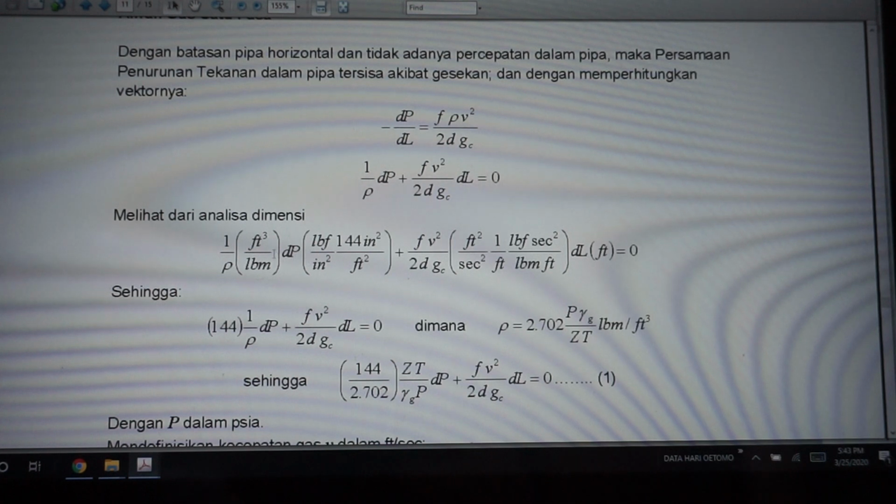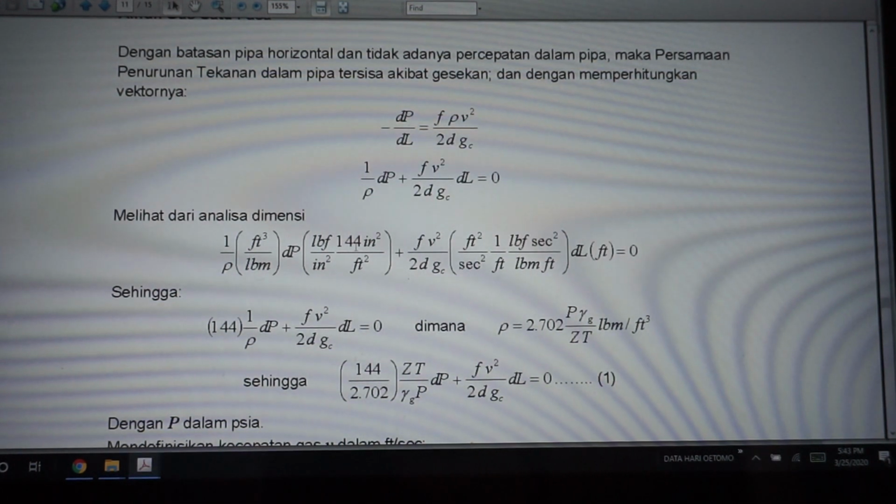So what we want is the density in pound mass per cubic feet. Pressure is in psia, because in here, if you see, everything is in feet. So we have psia instead of psf, pound force per square inch.